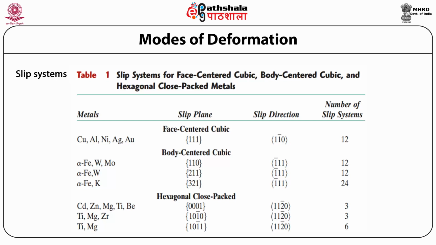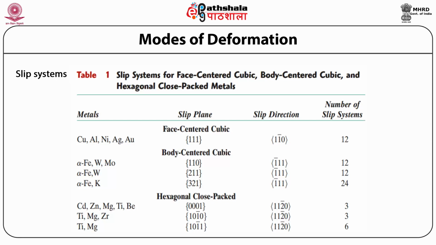Then comes the third category of the slip systems, which is hexagonal close packed metals or HCP. Here again, there are three subsets of metals. The first one includes metals like cadmium, denoted by Cd, zinc, denoted by Zn, magnesium, denoted by Mg, titanium, denoted by Ti, and beryllium, denoted by Be.